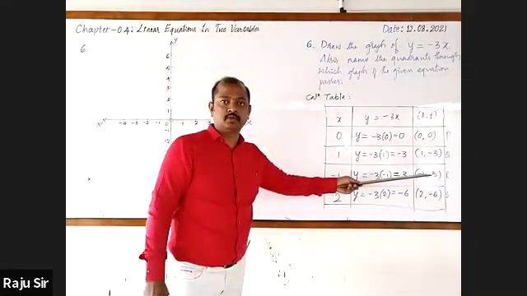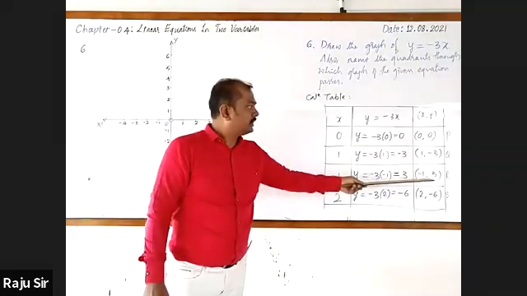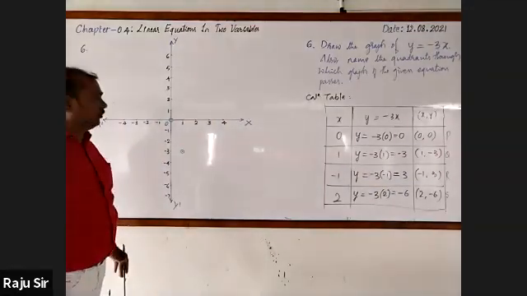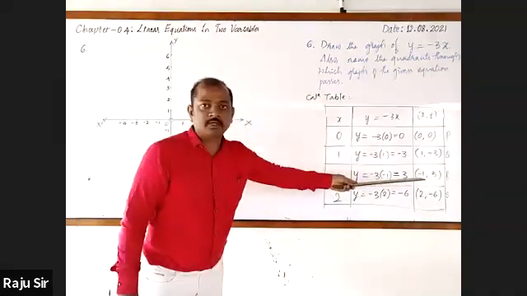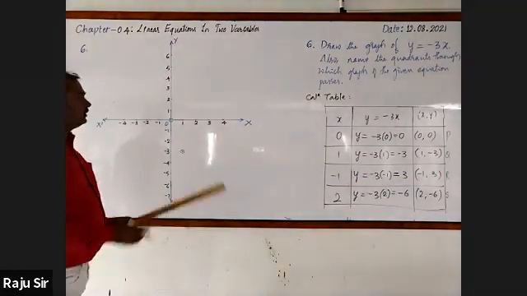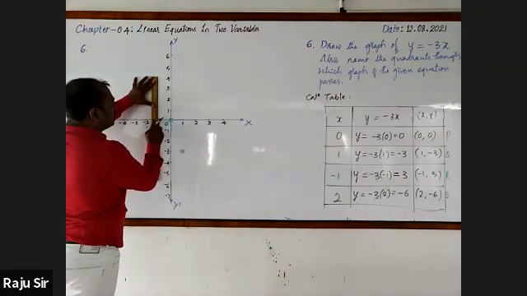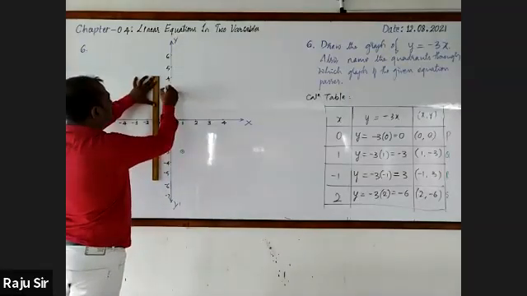Yes, sir. R is minus 1, 3. In which quadrant? Second quadrant. Minus 1 on x-axis, 3 on y-axis.